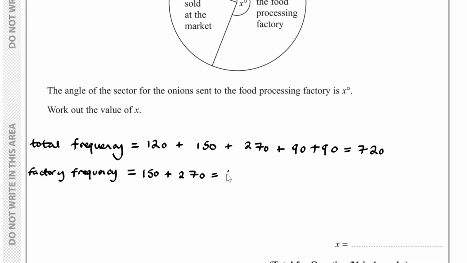This turns out to be 420. So therefore the angle x is equal to 420 divided by 720. So this is the proportion that are sent to the processing factory, and then to work out the angle we multiply by 360, so we have a half times 420, which is 210. So therefore we have 210 degrees.